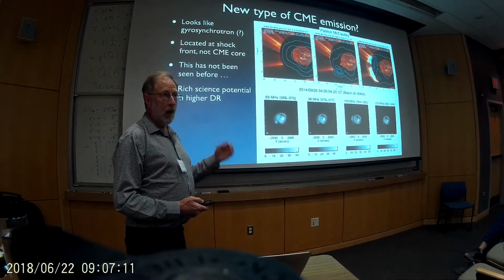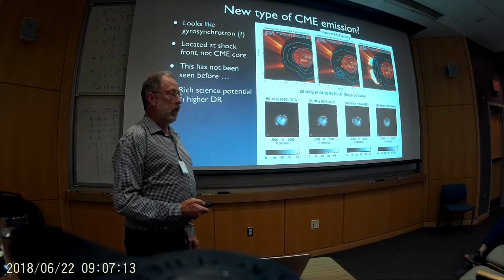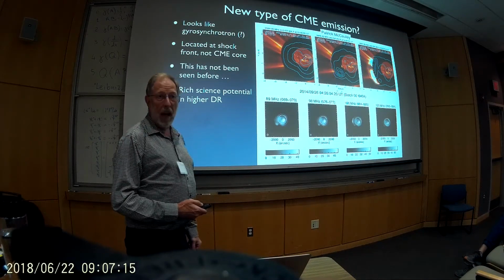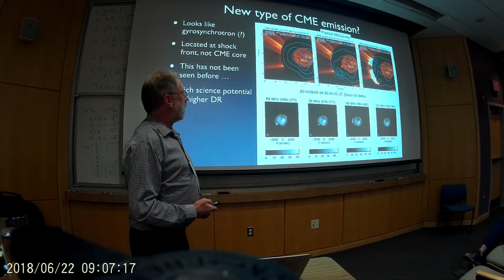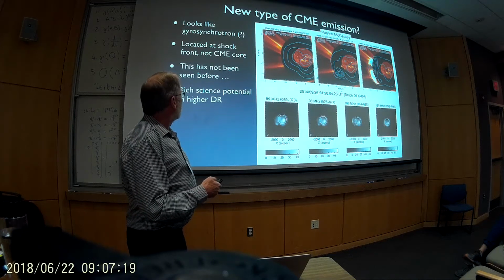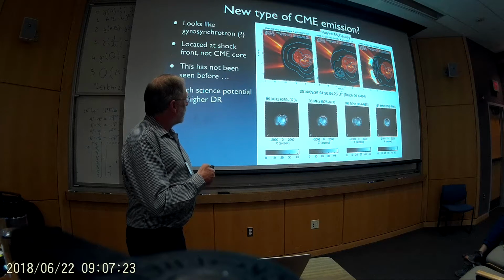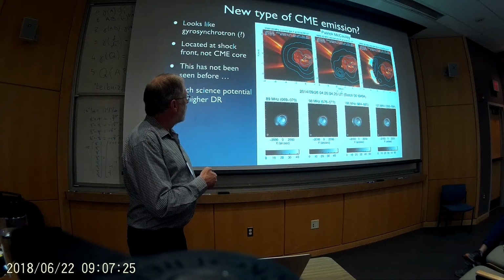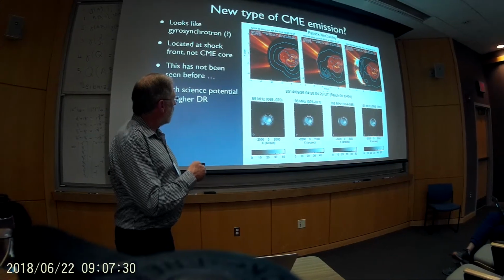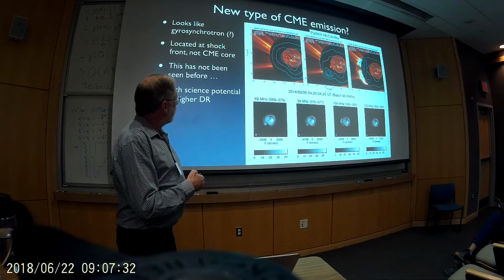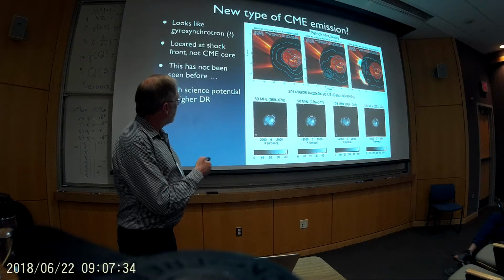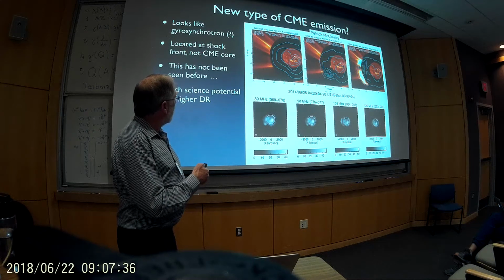And low-frequency radio astronomy is a really good way to get a handle on some aspects of the behavior of these things. So what you see here is work done by Patrick McCauley, and this is a time sequence of images. There's extreme ultraviolet imagery from AIA, in this case 204 angstroms.